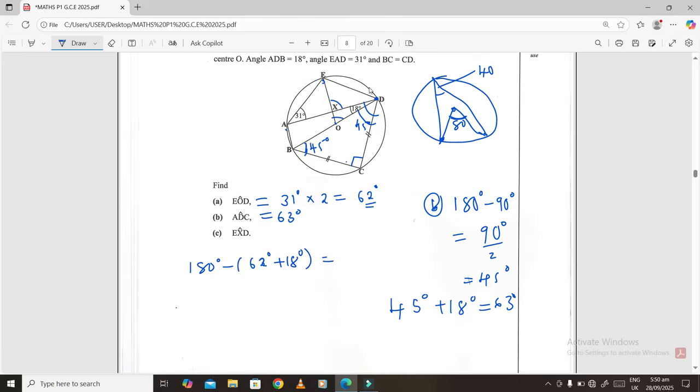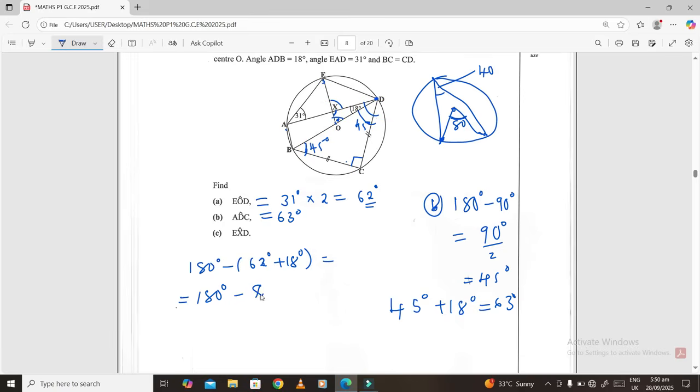So what am I trying to do here? You can see I've found this angle. Since I've got these two angles, I can add them and subtract from 180 to get the angle here. When I get this angle here, I'll use the property of a straight line to get the angle at x. So this is giving me 180 minus, when I add 62 plus 18, it's giving me 80.